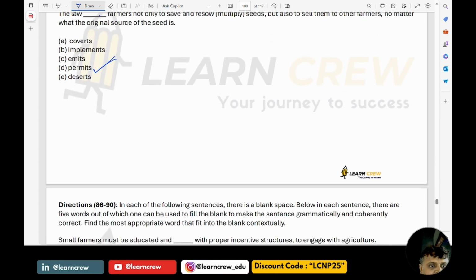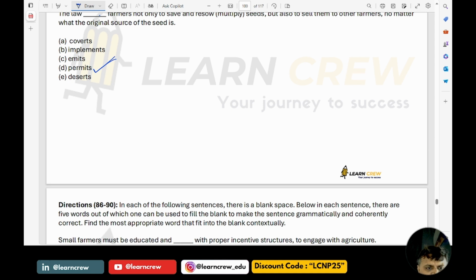Next, emits is of no meaning here. Emits means producing or discharging. Deserves means what a person deserves with regard to reward. So here I don't see emits and deserves.